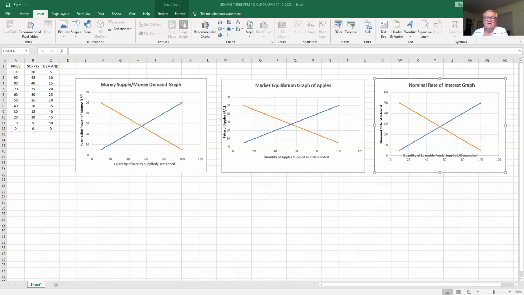Rather, I think you can master the concept of the demand for money. Very simply put, it is the amount of money you have on your person and in your checking account. So the demand for money is just that.